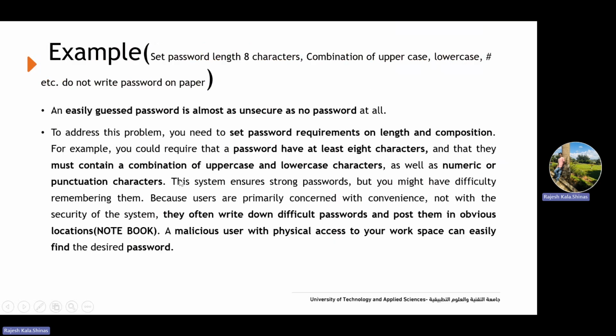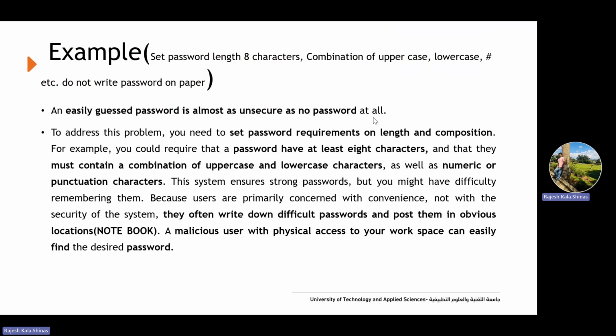On this page, they have mentioned some rules to be followed while setting a password. The minimum password length should be 8 characters. Use a combination of uppercase, lowercase, and special characters like hash, at the rate, dollar. And do not write the password on paper. Somebody will make a difficult password with capital letters, small letters, hash, everything.